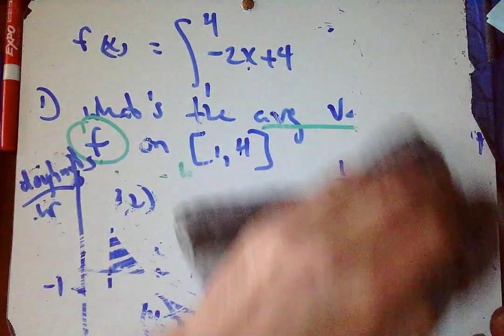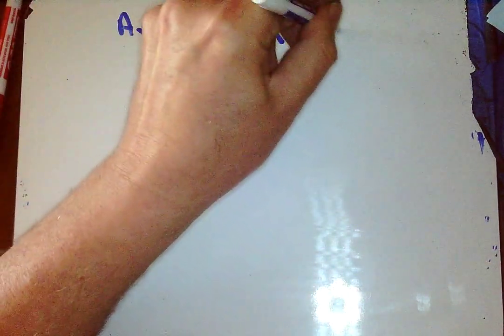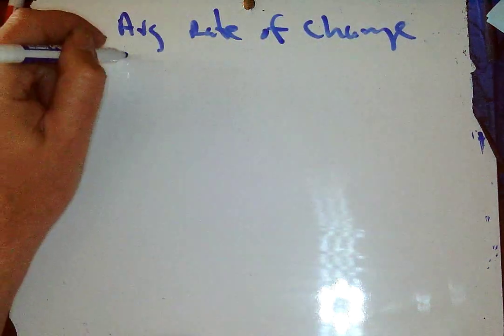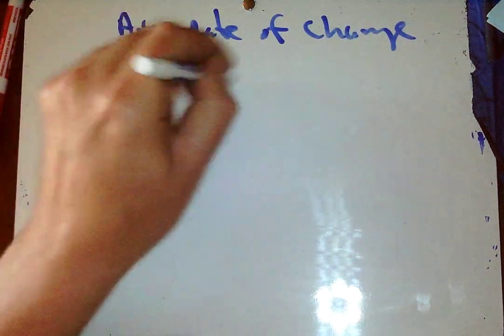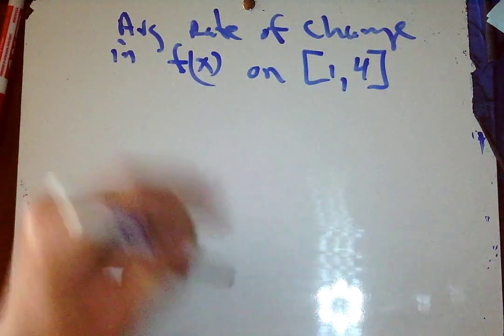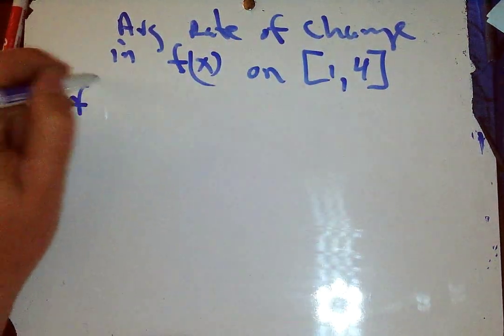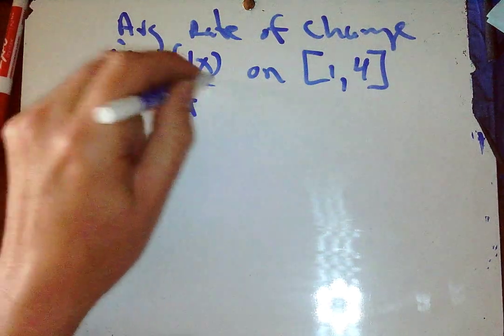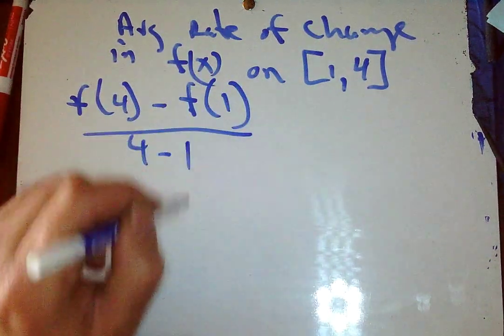Now, what if instead I said to you, hey, what's the average rate of change in f on 1 to 4? Well, in that case, I'm thinking about f of 4 minus f of 1 over 4 minus 1.